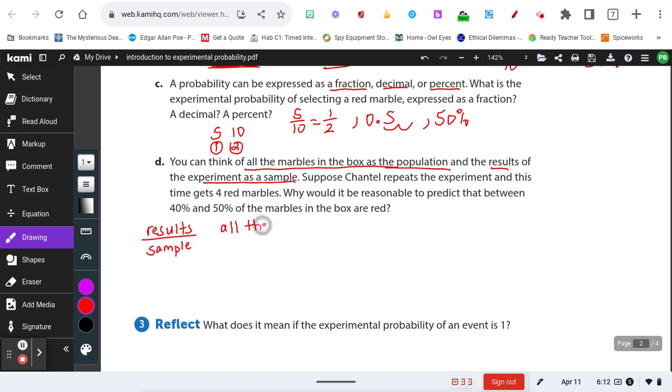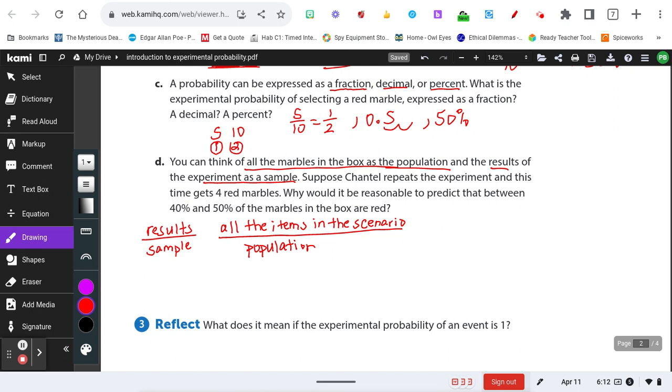All the items you have per scenario, all the items in the scenario. It may not be a box. All the items in your scenario are called your population.